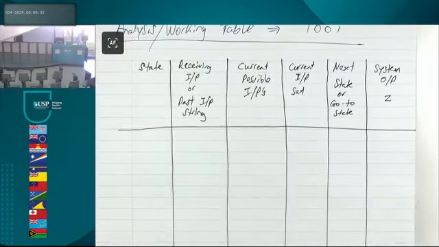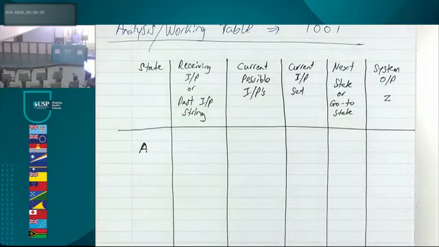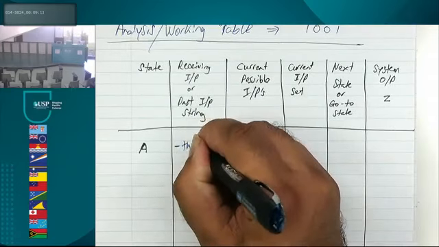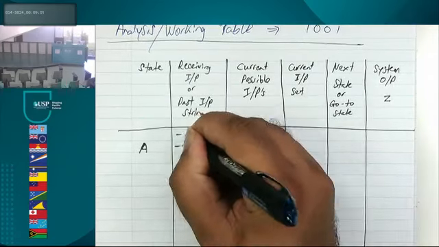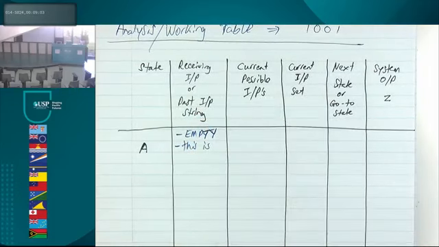Now obviously we always start with state A. Receiving input: in state A, when you first start the system, the very first round, this is empty. There's nothing in the buffer. The system is empty.